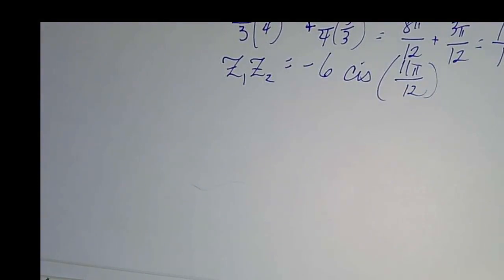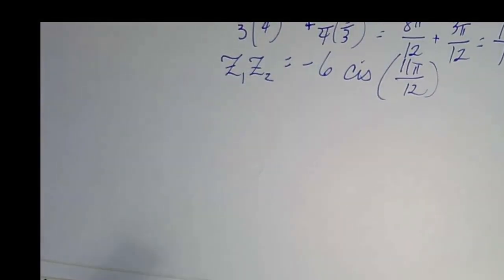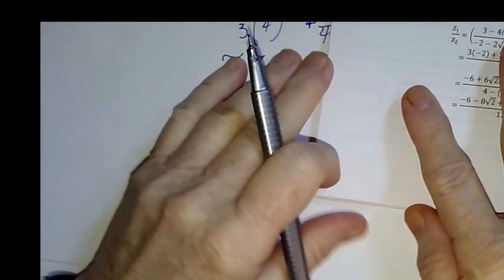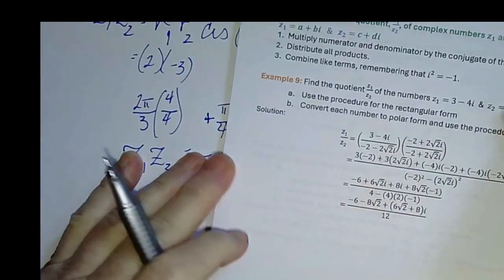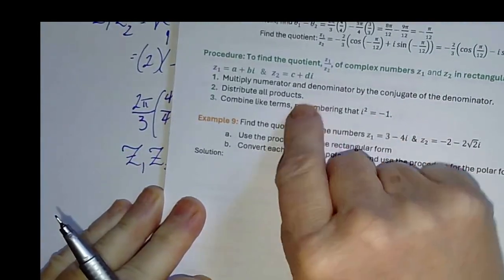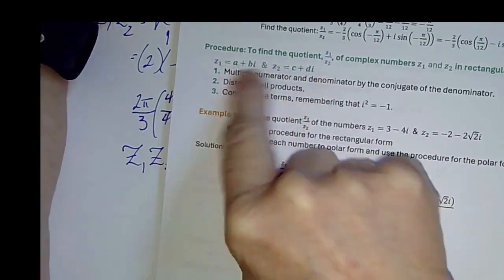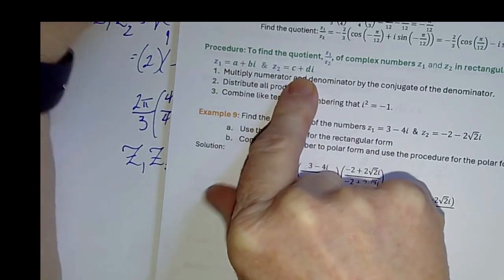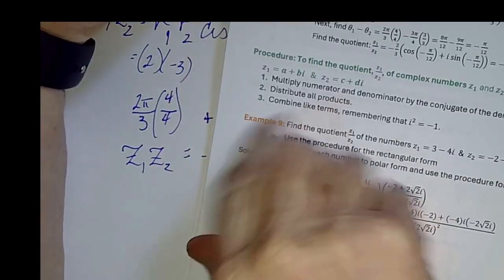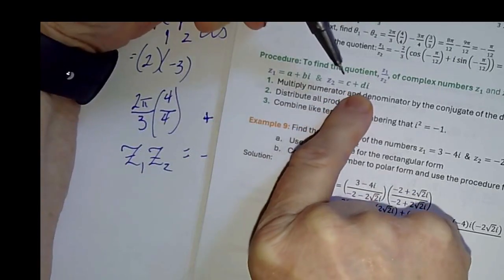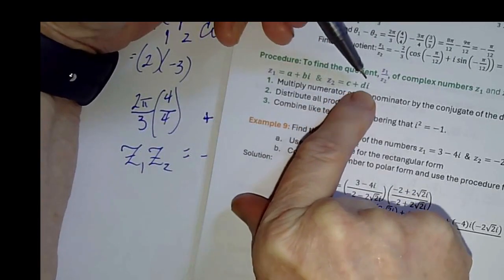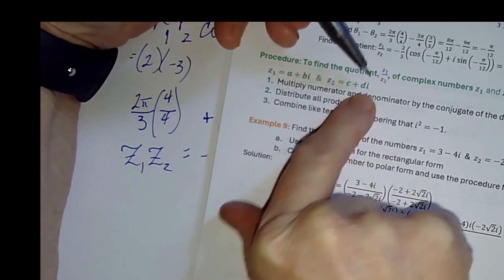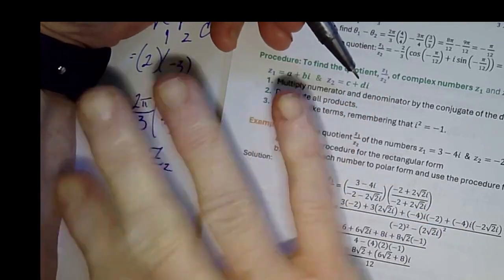Well, what about finding quotients? What about dividing these things? When complex numbers are in rectangular form, that means that in the denominator, I've got c plus di. I have an i in the denominator, which I don't want.